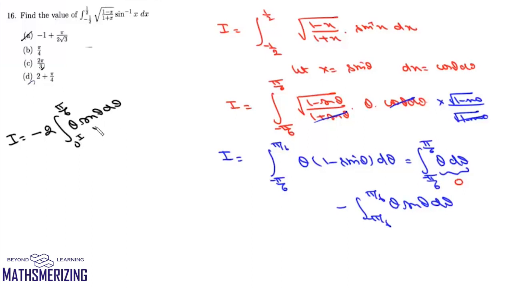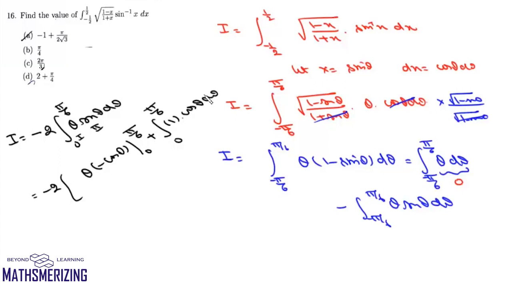Now this is the first function and sine theta is the second function. We can write minus 2 and it will be theta into minus cos theta from 0 to pi by 6, and then minus the integral from 0 to pi by 6 of derivative of theta, which is 1, and integral of sine theta, which is again minus cos theta, d theta. So it will be minus 2 and then minus pi by 6, and cos pi by 6 is root 3 by 2, minus 0, and then plus the integral of cos theta, which is sine theta.